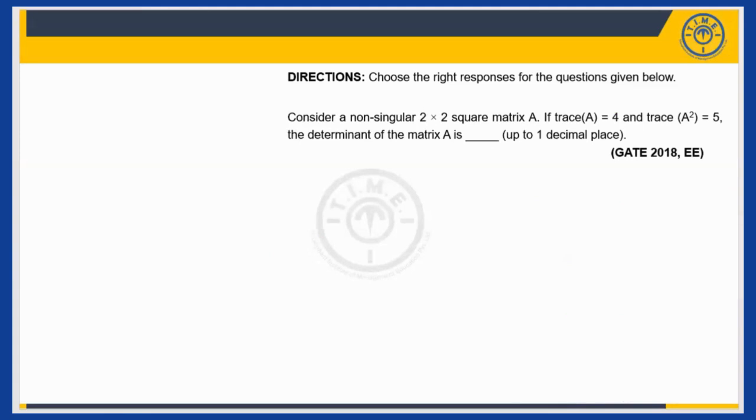Now here, consider a non-singular 2 cross 2 square matrix A. If trace of A is 4, trace of A square is 5, the determinant of A is? Now let us say lambda 1 and lambda 2 are the eigenvalues of A. Trace of A is 4, that is lambda 1 plus lambda 2.